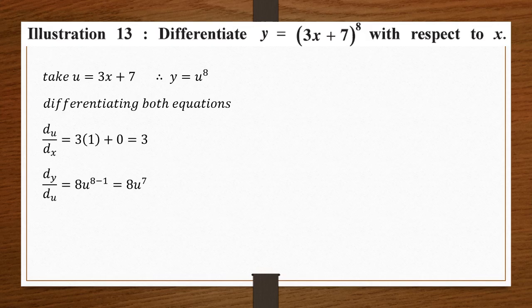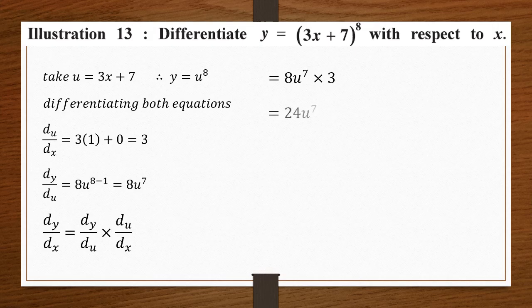That means right now we have two separate differentiating values, du upon dx and dy upon du, and using the dy upon dx formula for chain equation, dy upon du into du upon dx. That means we just have to multiply the two differentiations which we have found. So 8u raised to 7 multiplied by 3.